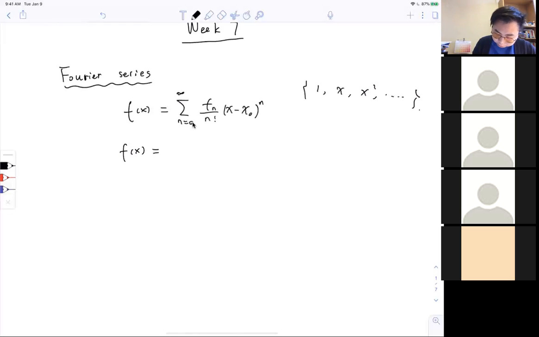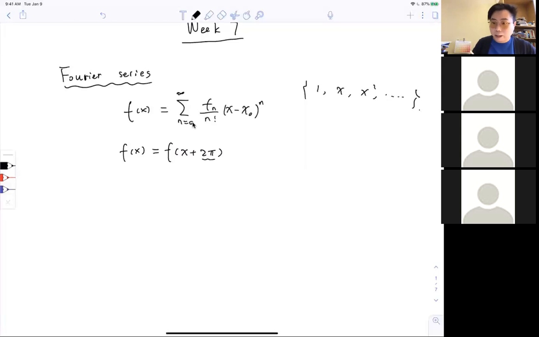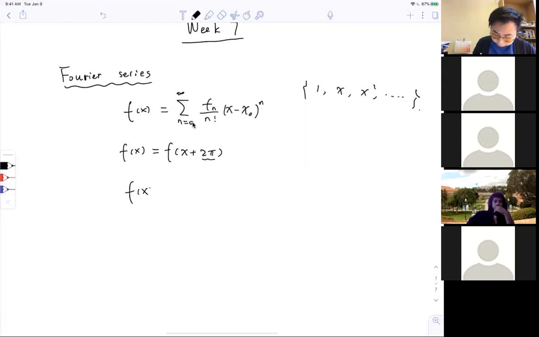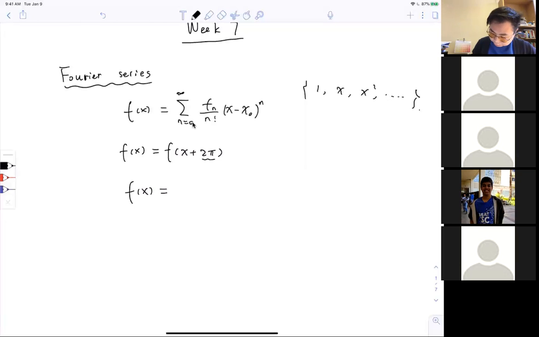If your function is a periodical function, and let's assume the period is 2 pi, then we can expand this function using the basis 1, cosine x, cosine 2x, and so on, and sine x and sine 2x, something like that.